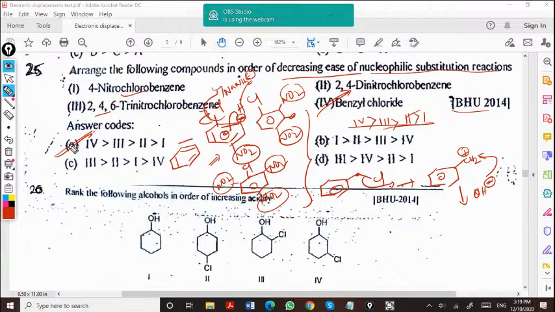So understanding the reaction mechanism is one thing which will decide the reactivity of the molecule. To solve all these kinds of reactions, you must know the mechanism first, and you must know the stability orders, which is going to stabilize the anions, which is going to stabilize the cations. Once you know the intermediate that is going to form, then you will be able to apply the electronic displacement.